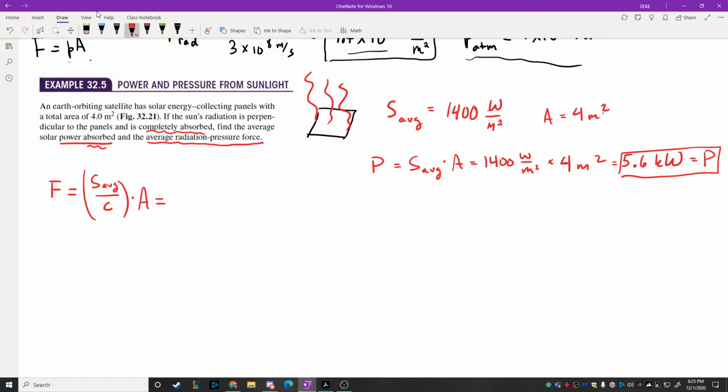So I guess it's going to be what we just did, divided by C, right? So we can just take 5,600 watts and then divide by C. And of course, this is going to be a really tiny amount of force, right? 1.9 times 10 to the minus 5. Very, very tiny amount of force.